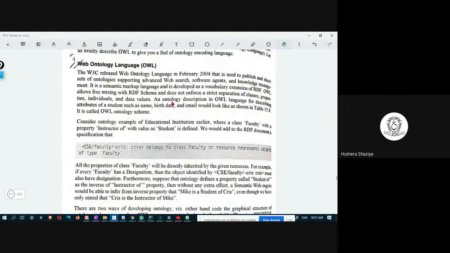And the next concept under the semantic web is Web Ontology Language, which is further within ontology. In ontology, we are learning how to represent the structure, and also this OWL would describe the structure.